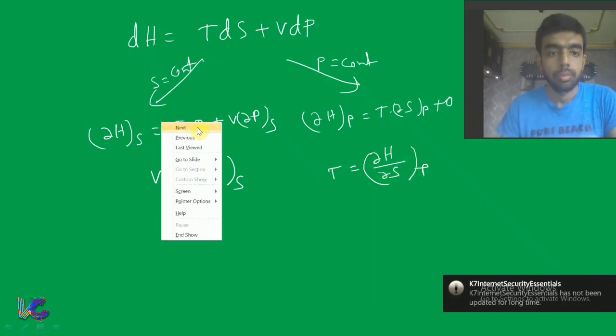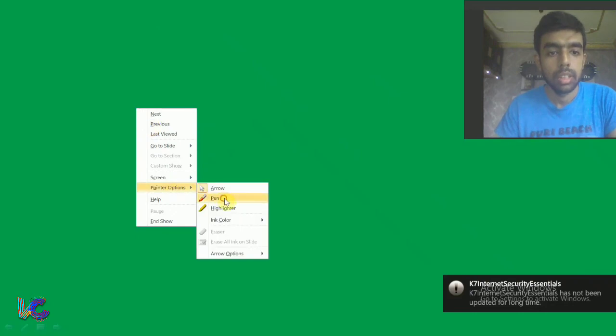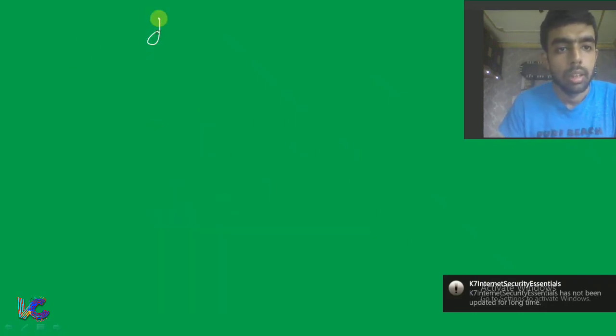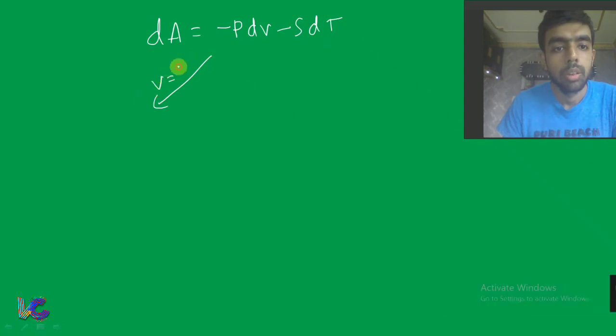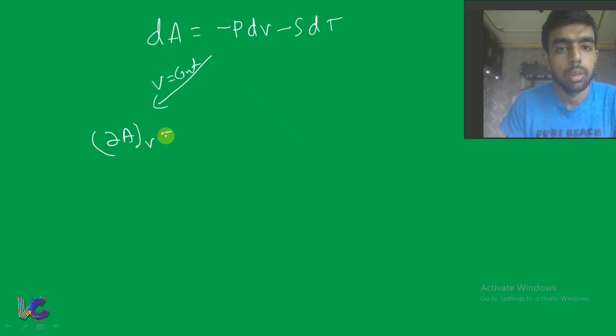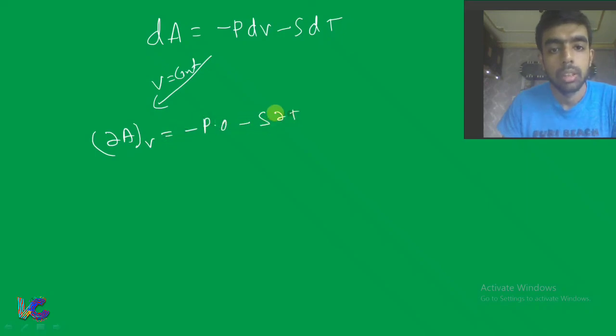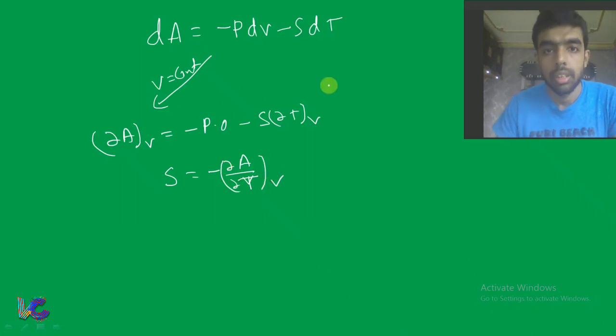Fine. Now let's take the example of dA. So dA is minus PdV minus SdT. Fine. Introduce V equal to constant. So del A at constant V becomes minus P into 0 minus S del T at constant V. So S you get minus del A del T at constant V. Fine.